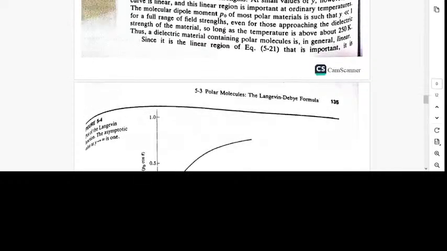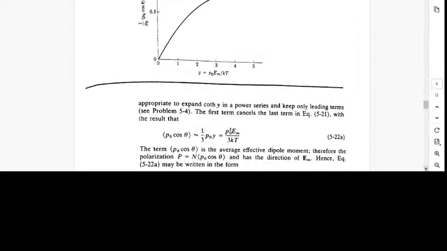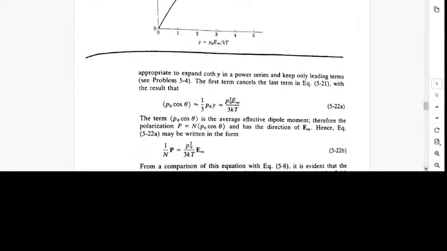In the next paragraph, since it is the linear region of equation 5.21 that is important, it is appropriate to expand coth y in a power series and keep only leading terms.